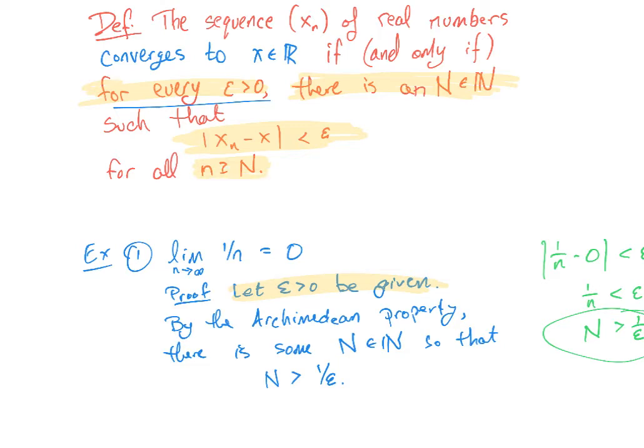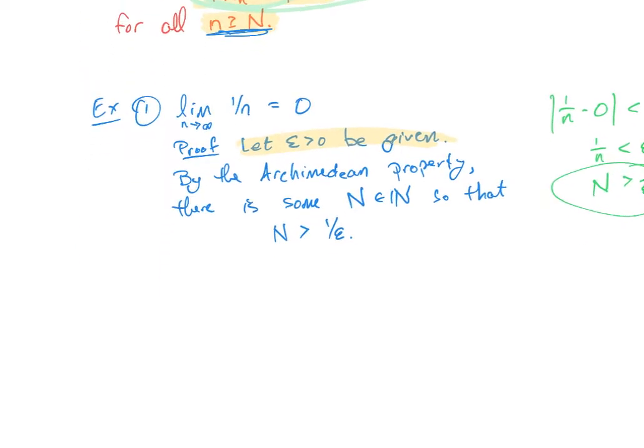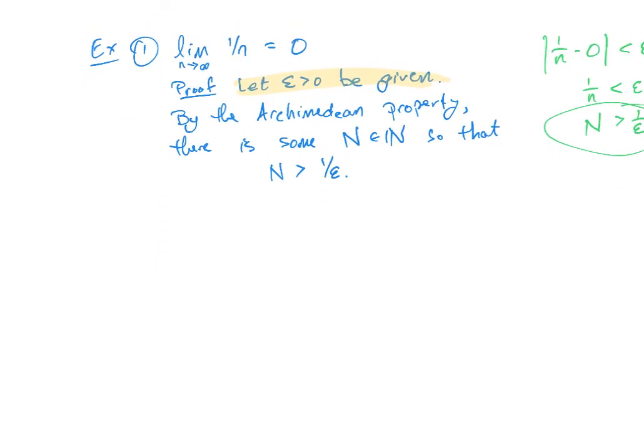for all little n greater than or equal to capital N. So the next step in our proof is we're going to look at the quantity absolute value of xn minus x, for little n at least capital N. For little n that are at least capital N, what do we have?